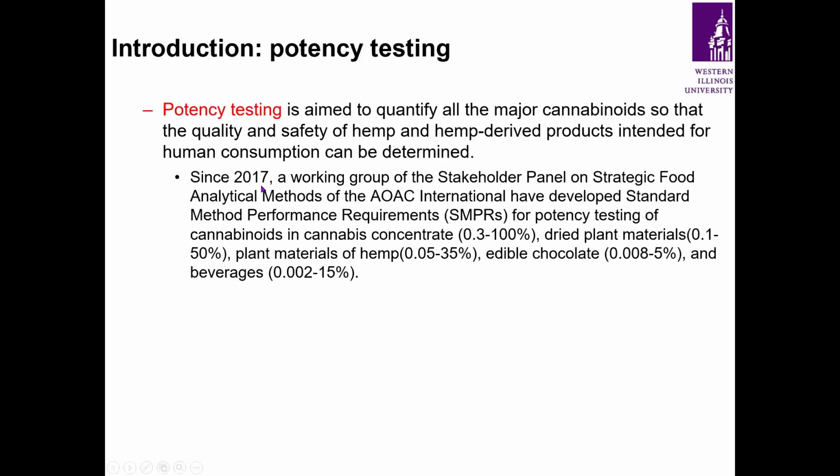Since 2017, AOAC International has developed standard method performance requirements for potency testing of cannabinoids in cannabis concentrate, dried plant materials, hemp, edible chocolate, and beverages. Those numbers have a range, and they are the content range for each individual sample.